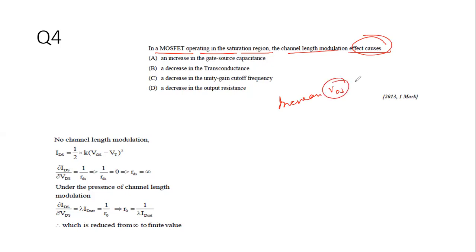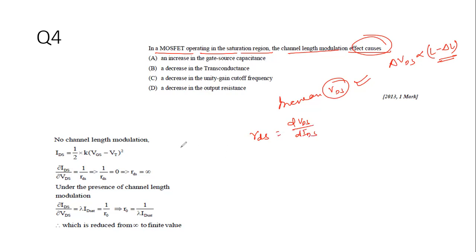VDS. So due to change in VDS, the L is getting changed to L minus delta L. And RDS is equal to what? RDS is dVDS upon dIDS. This is your RDS, output resistance.